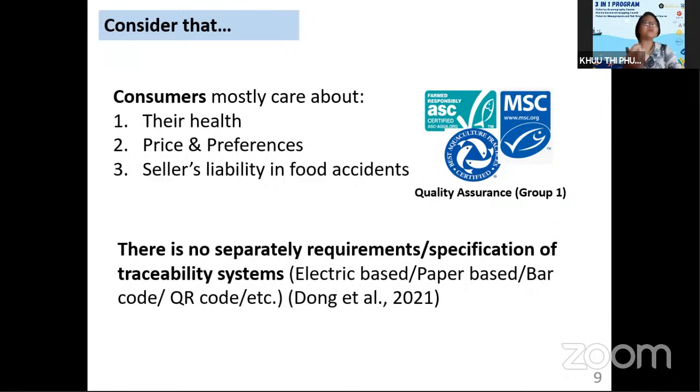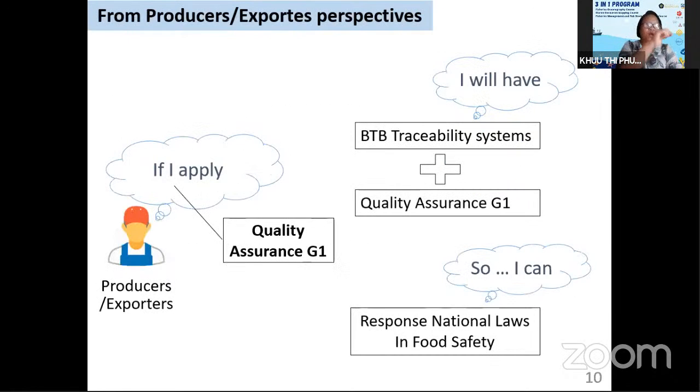There is no mandatory requirement. So what happens if we are producers? Please remember that our countries are the main suppliers, the main producers of seafood products in the world. So from the producers' or exporters' perspective, please think about this behavior.